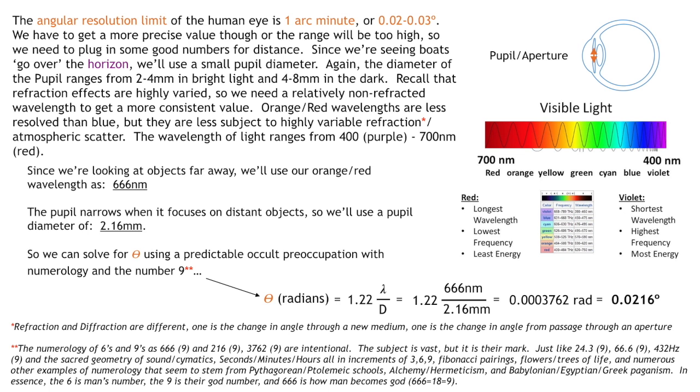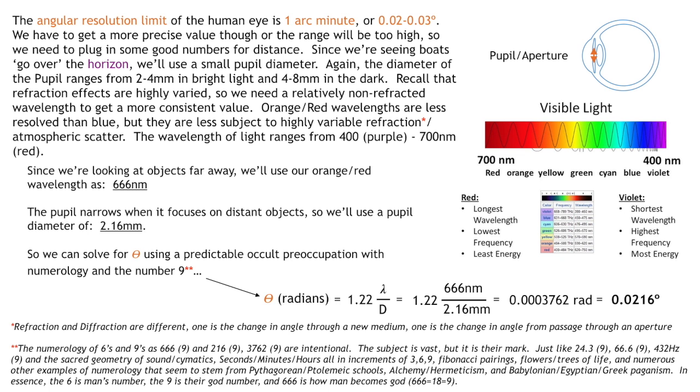The subject is vast, but it is their mark. Just like 24.3 degrees is 9, 66.6 degrees is 9, 432 hertz is 9, the sacred geometry of sound and cymatics. The seconds, minutes, and hours all are increments of 3, 6, and 9. There are Fibonacci pairings, flowers, and trees of life, and numerous other examples of numerology that seem to stem from Pythagorean and Ptolemaic schools, alchemy, Hermeticism, and Babylonian, Egyptian, Greek paganism.